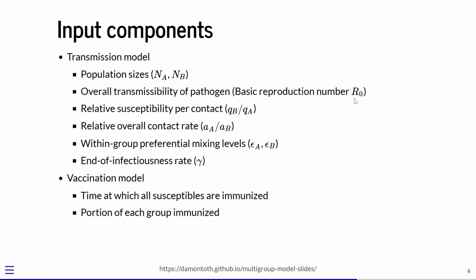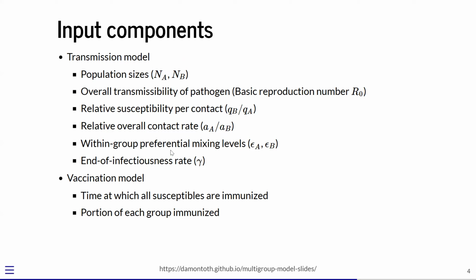transmissibility. And then the other aspects of transmissibility are quantified as a relative ratio between A and B. So we have a relative susceptibility per contact, which is QB over QA. The relative overall contact rate, which should also be AB over AA. That's a typo there. It's generally a B to A ratio.